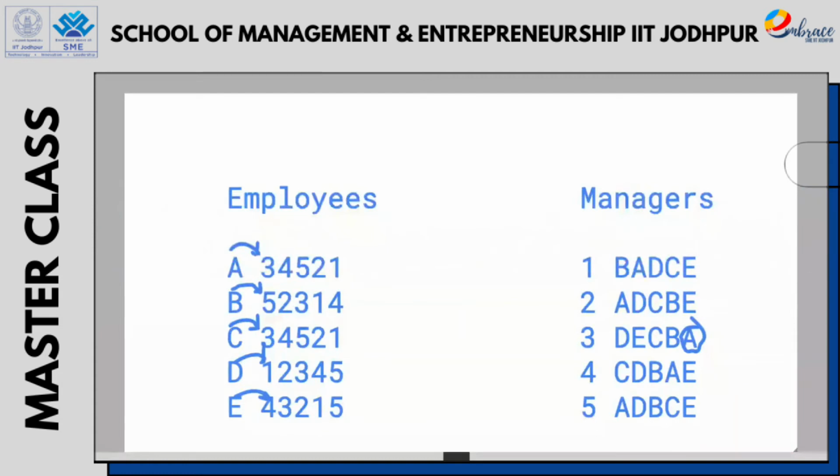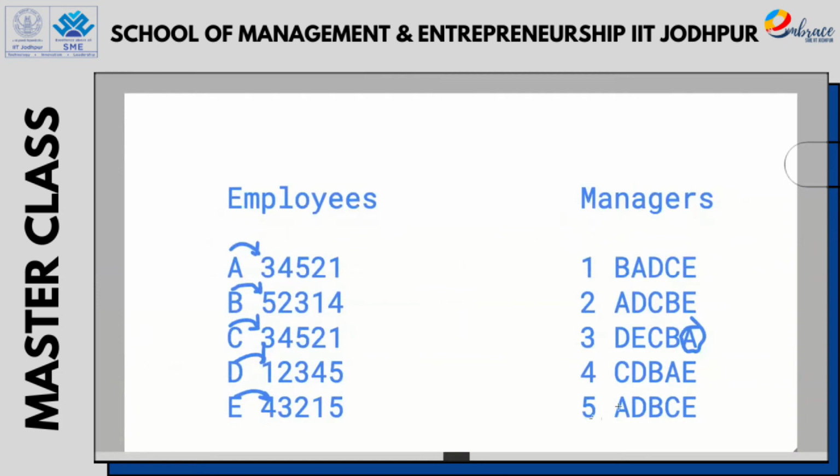Okay. Yeah. So we move to the next employee, which is employee B, who says, "Look, I want manager 5." So let's come to manager 5. Again, manager 5 is asked, "Look, employee B wants to work with you. Do you accept this proposition?"